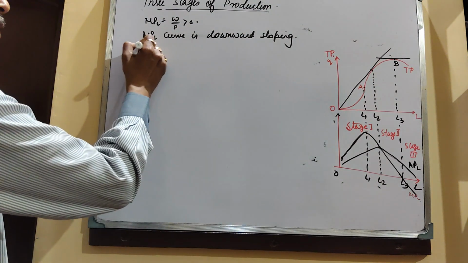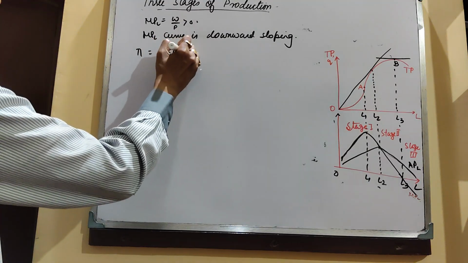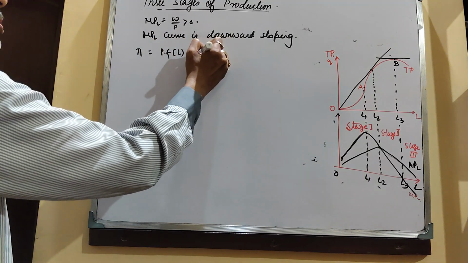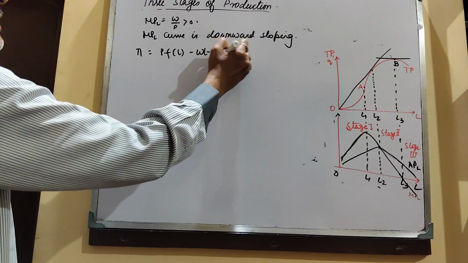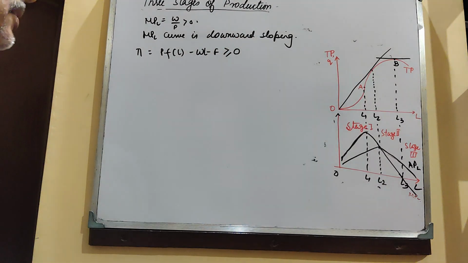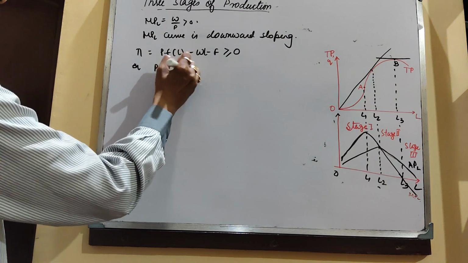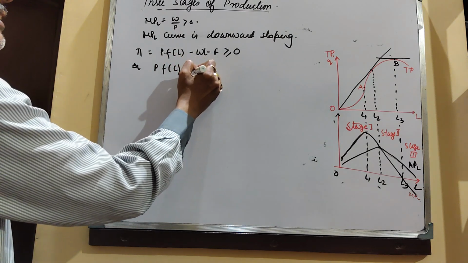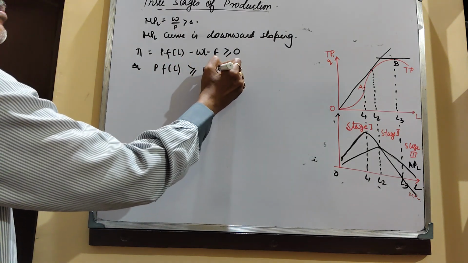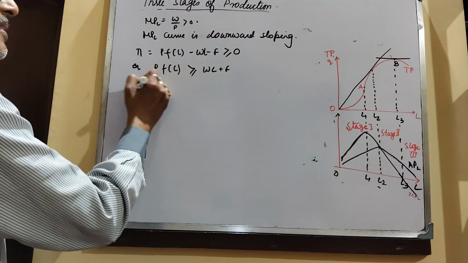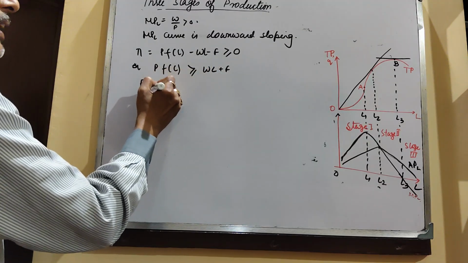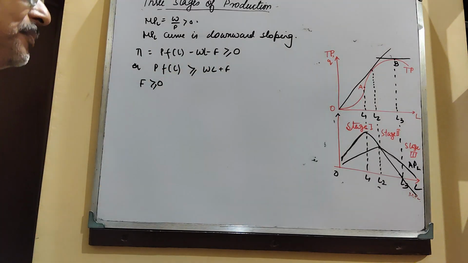Now what is short run profit? P into f of L minus W L minus F greater than or equal to 0. What does it mean? P into f of L is greater than or equal to W L plus F. Now F is greater than or equal to 0, a positive number.